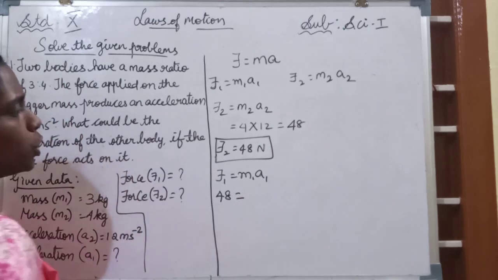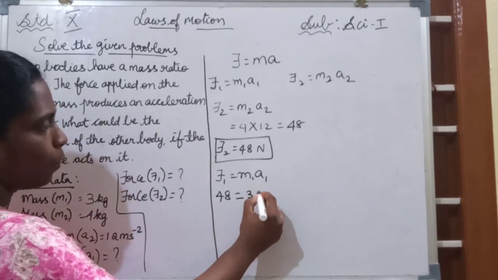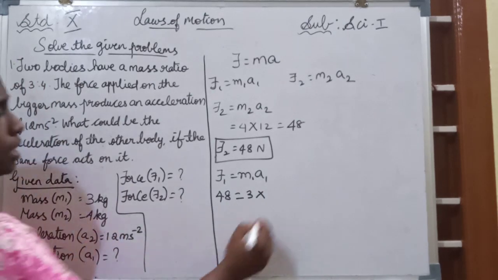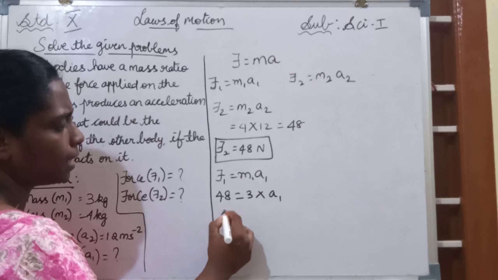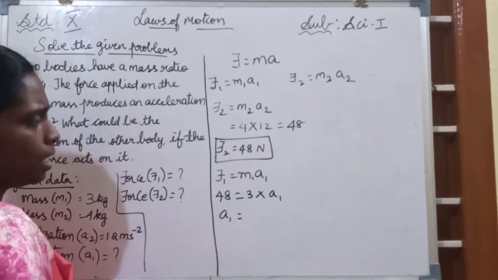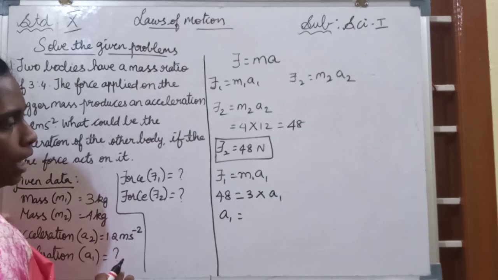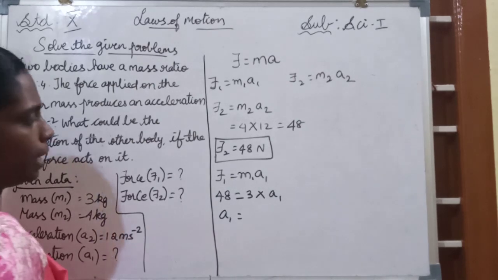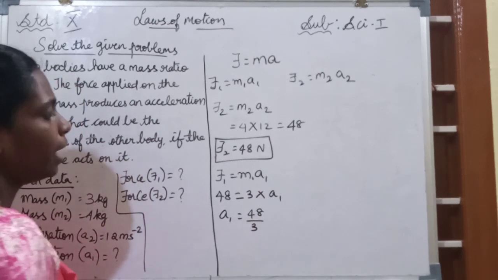48 is equal to M1, which is 3, times A1. A1 we don't know, so I am going to put A1. Now let's take this A1 to one side. When you take this 3 to the other side, it will come in the denominator. So 48 divided by 3.